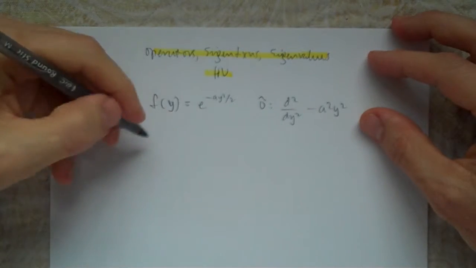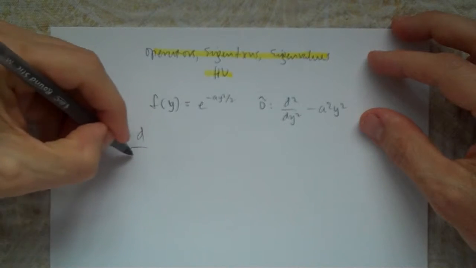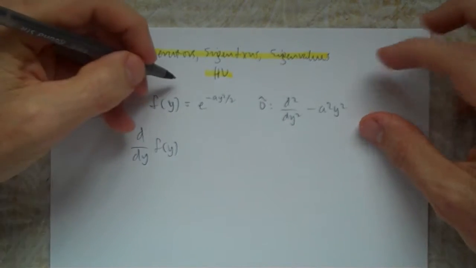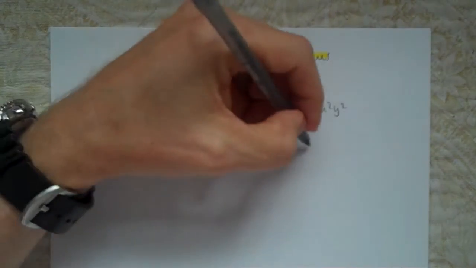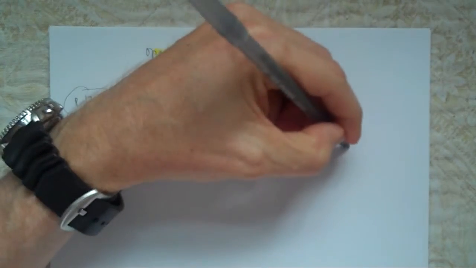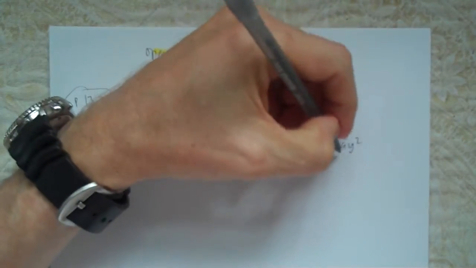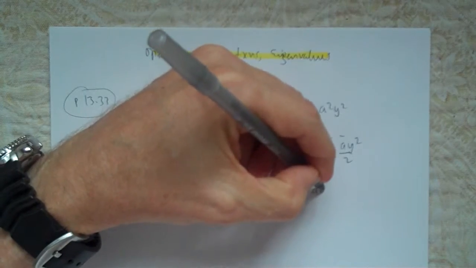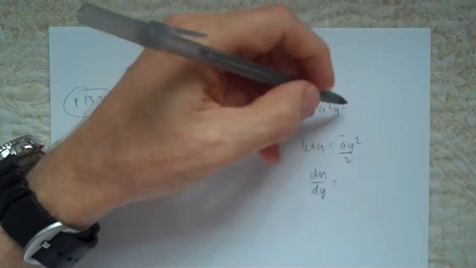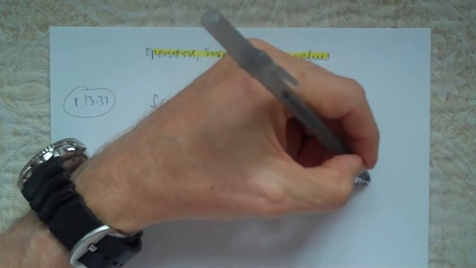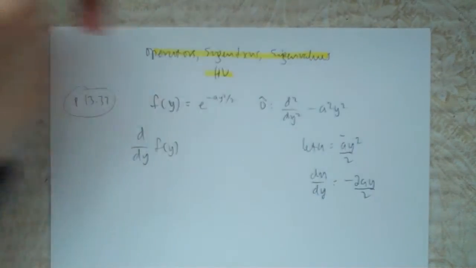And the first one I'm going to do is d/dy of f of y. Okay. I'm going to let u equal minus ay squared over 2. So du/dy is going to be equal to minus 2ay over 2.